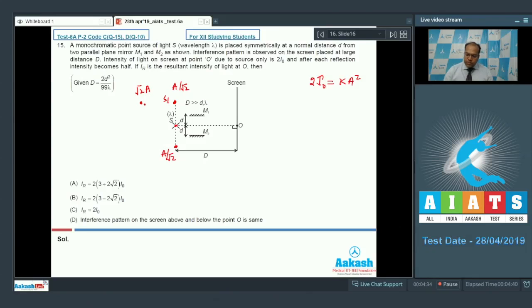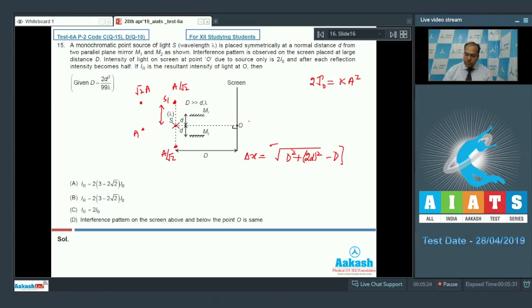So now we have two sources, one is this and the other is this, whose amplitude is A. In order to find out the resultant amplitude at this point due to these sources, and to calculate the phase difference between them, we have to find out the path difference. So the path difference delta x can be written as: this separation is 2d, this separation is d, so this length can be written as under root of d square plus 2d whole square, minus d.